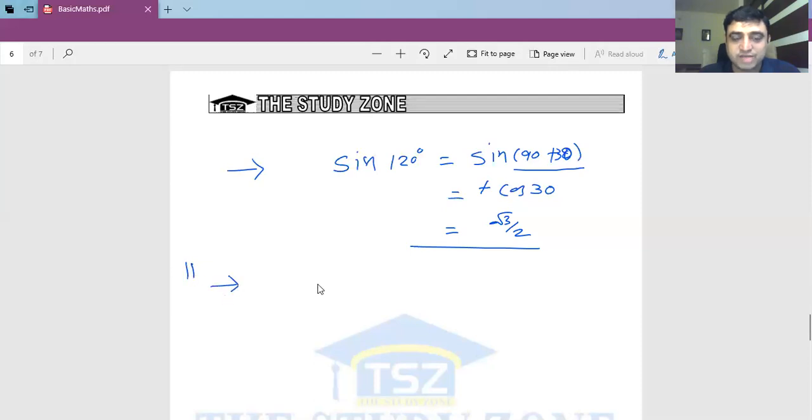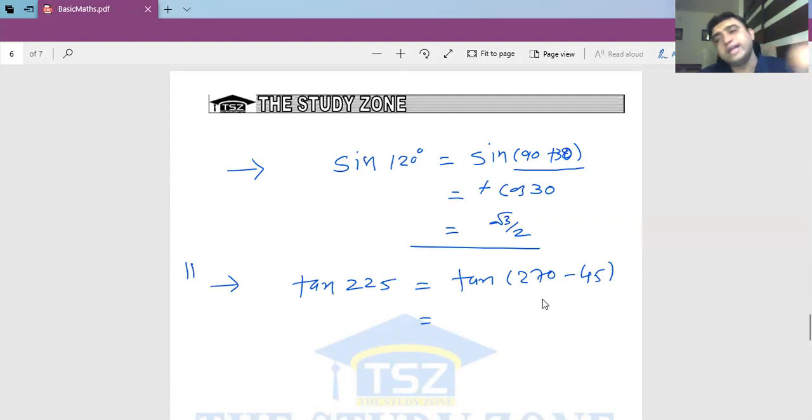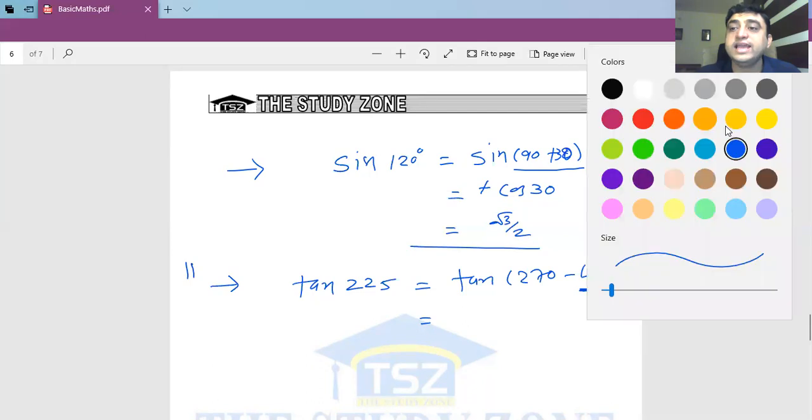Okay. Suppose I want to find tan 225. So it can be written as tan 270 minus 45. 225 can be written as 270 minus 45. What you have to do? You have to represent the given angle as either 90 plus or 90 minus theta, or 270 plus or 270 minus theta, in such a way that the second angle must be acute.